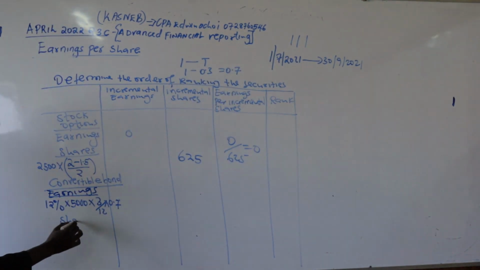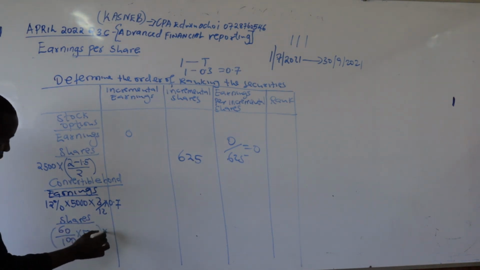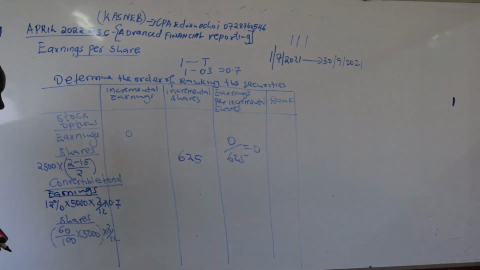For the shares, if they were to convert this bond, they convert on the proportion of 60 for every 100, times 5,000 times the period, 3 over 12, from the time that bond existed. So what you do here is 0.12 times 5,000 times 3 over 12 times 0.7.